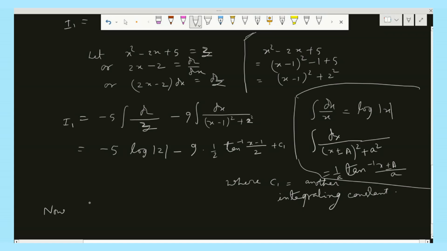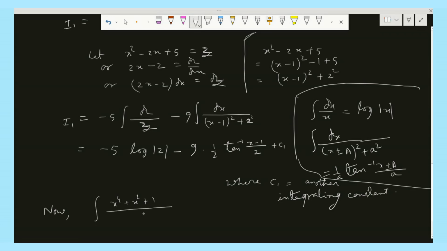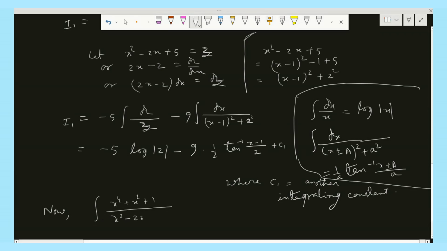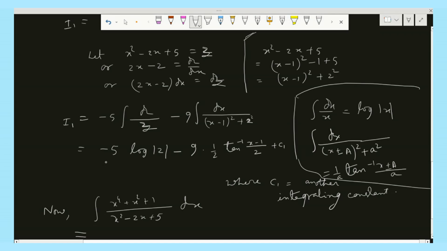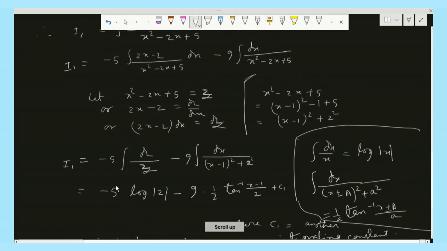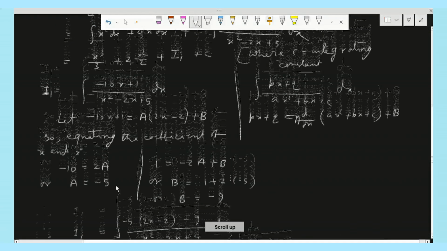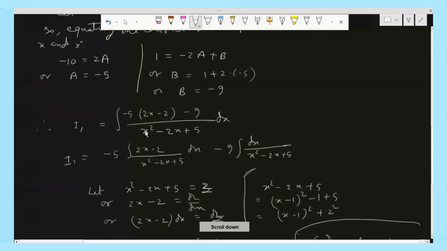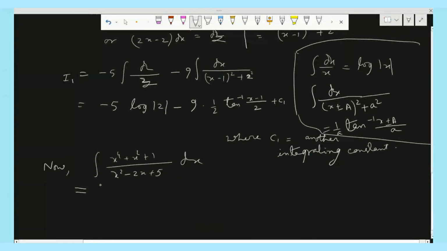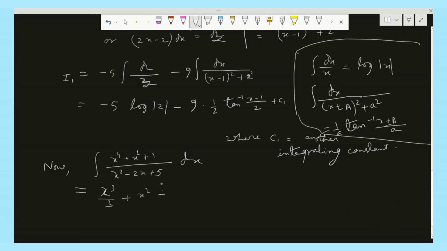Therefore, now the original integration x to the power 4 plus x square plus 1 by x square minus 2x plus 5 dx is equal to x cube by 3 plus x square, minus 5 log of z.